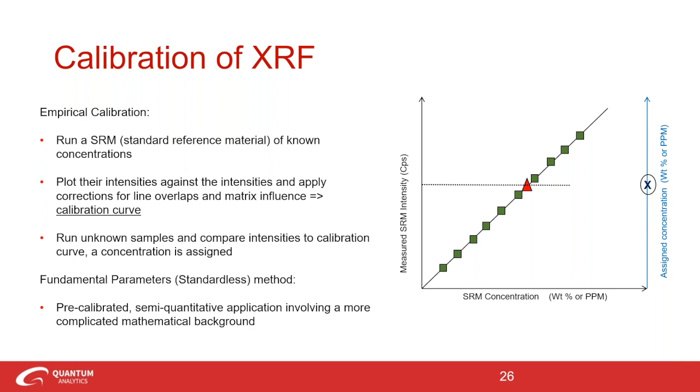So you scan certified reference materials or standard reference materials that have known concentrations, and these could be reference materials that you've analyzed yourself from some other technique, or you are using a third-party certified reference material.